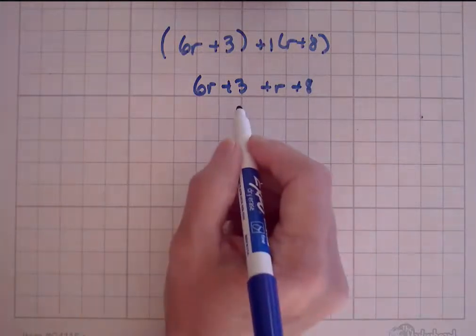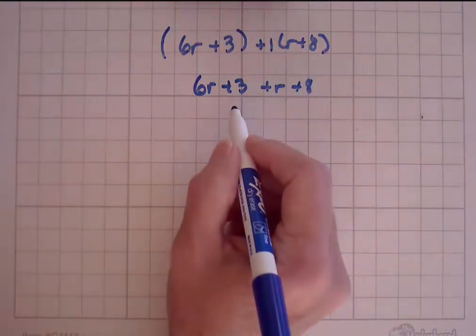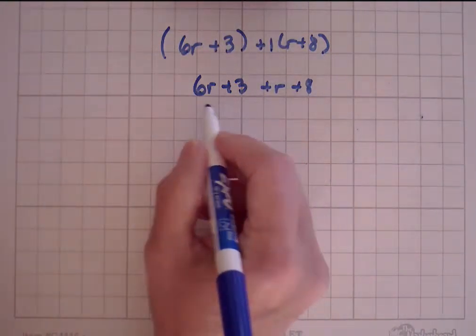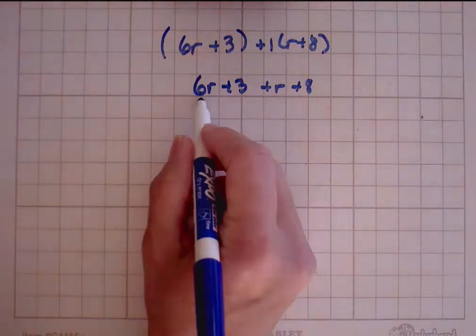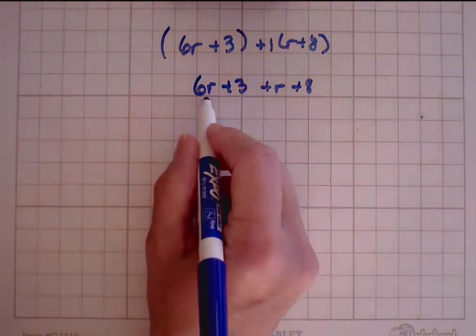The next step is to combine like terms. And that's one of those things that people tend to get a little confused about. So let's look at like terms. Like terms means there are things that are attached to each other and they're identical. In algebra, we look for variables or letters.